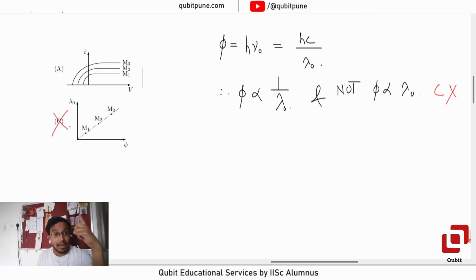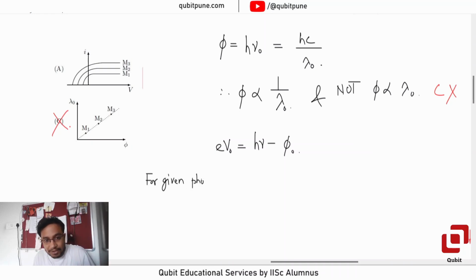Now let us again write down this expression: eV naught is equal to h nu minus phi naught. For a given photon, h nu is fixed.